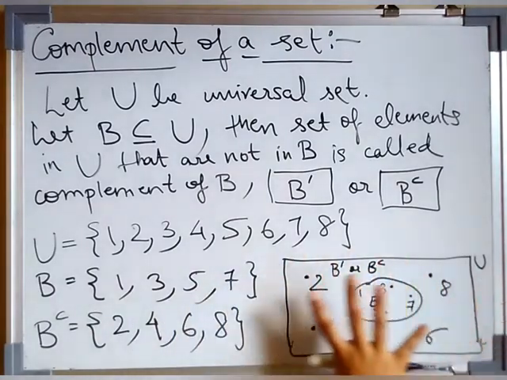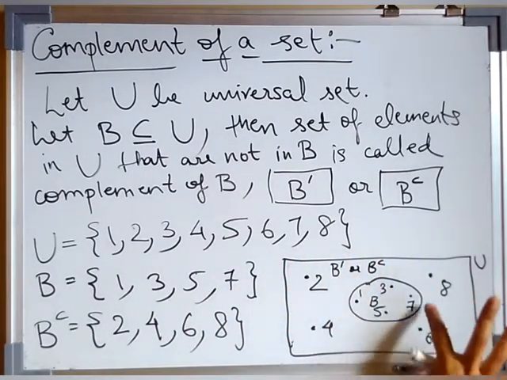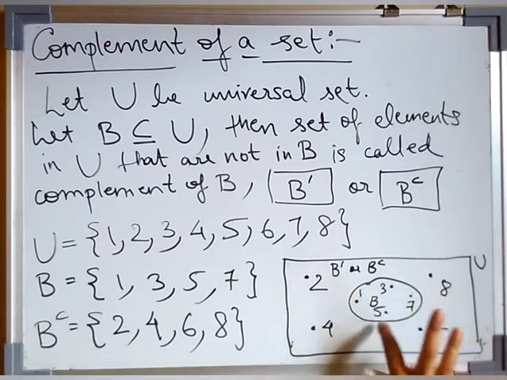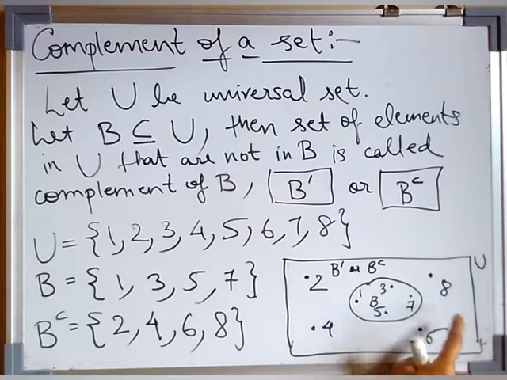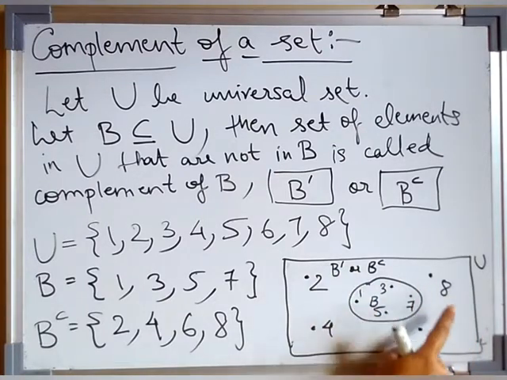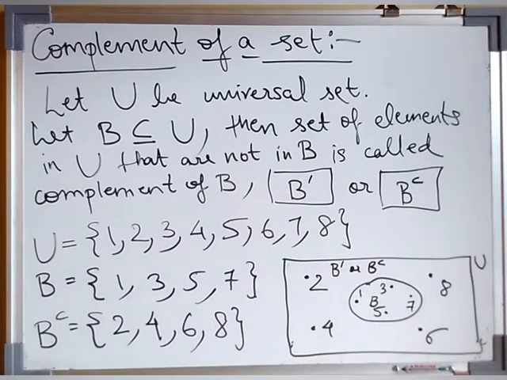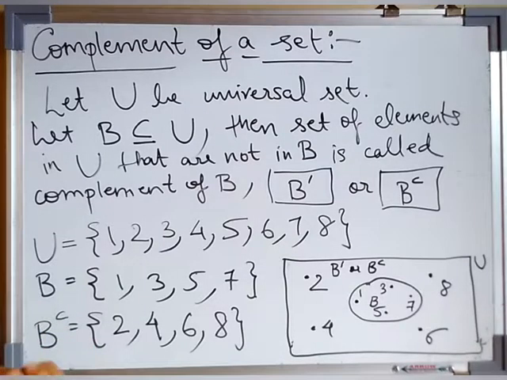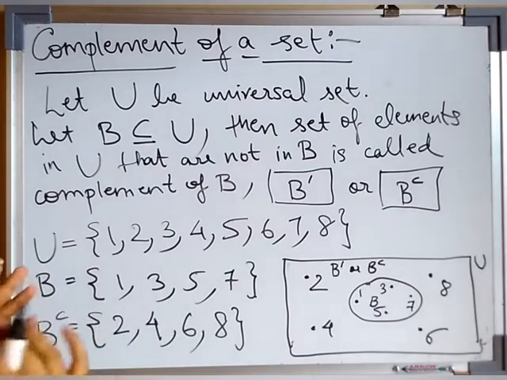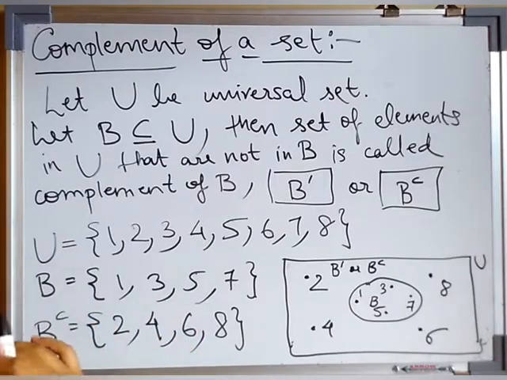This whole thing is U. Within the circle there is B, and outside this circle and within this U we have B complement. Is that clear? So the complement of a set is the set of those elements which are not in it but are in its universal set.